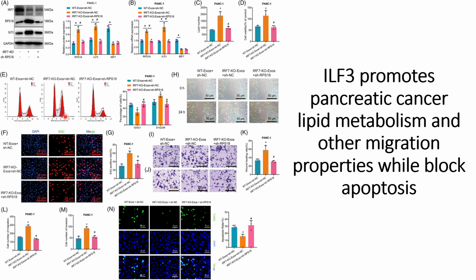However, when they use the ILF3 knockdown cells, they see a high amount of G2 and S phase cells. However, when they also knock down RPS18, they see a further reduction in these G2 and S phase cells. And they combine these results with the apoptotic assay, and the apoptotic assays are shown.